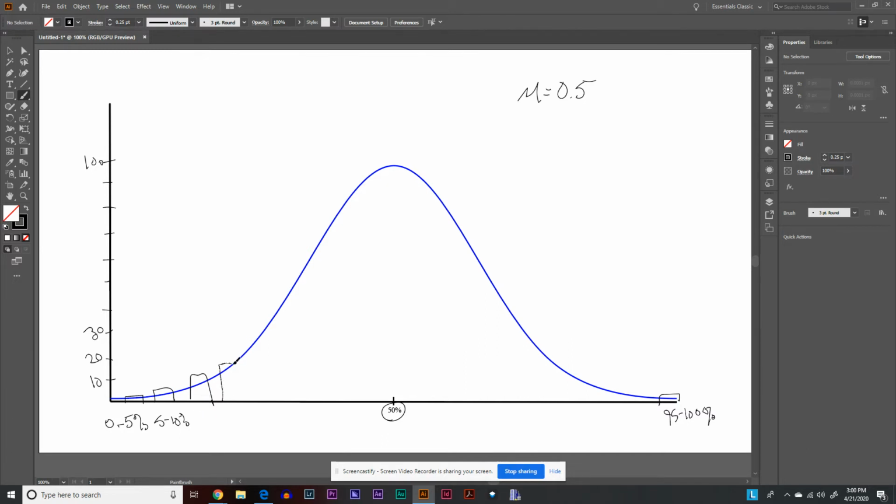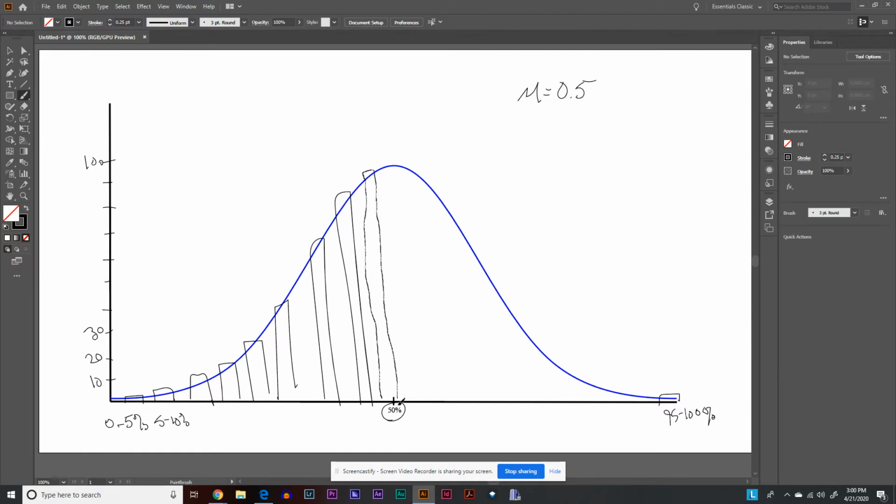And this goes on all the way up to what we would expect is the highest value, meaning the most students scored in the range from 45 to 50% and from 50 to 55%, right? And then after that, when we get up into how many students scored from 60 to 65, we expect it to be a few less.